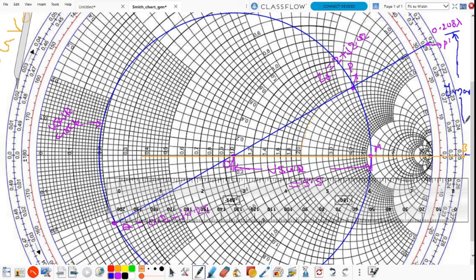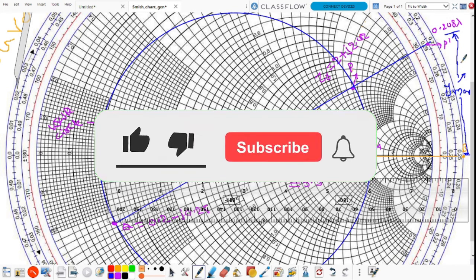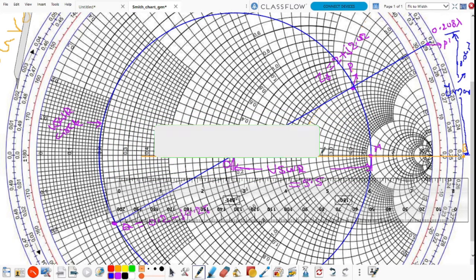So what is that l max value? This value is 0.042 lambda.